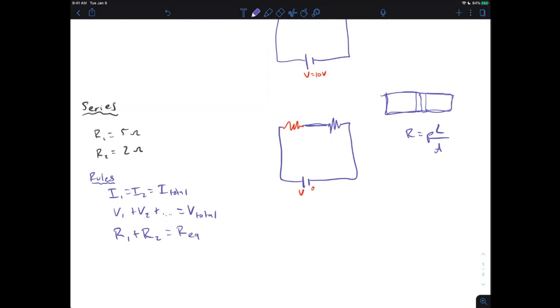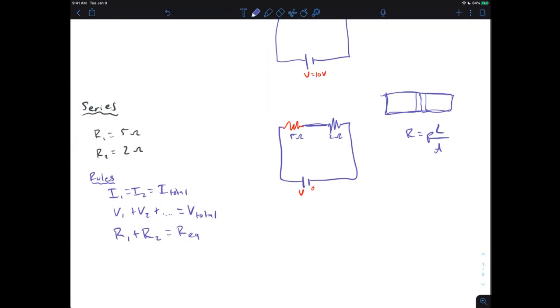The reason I call it equivalent is that I just need to add up these two resistors together. This one could be 5 ohms, this one could be 2 ohms. But it's equivalent because if I add them together, they are equal to one resistor that is both of them added together.